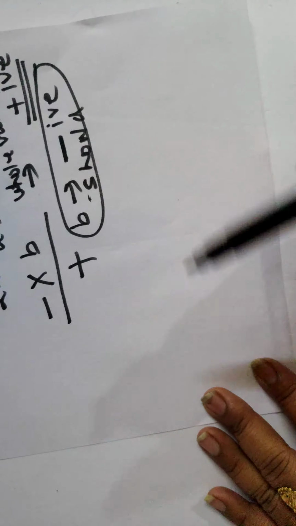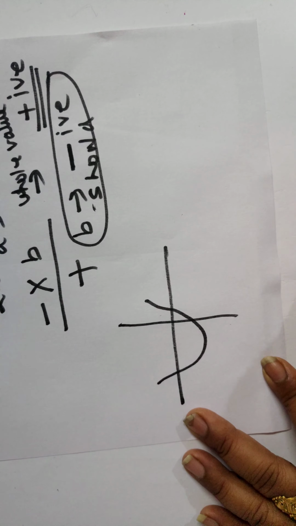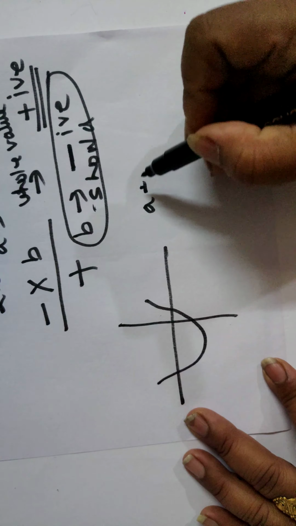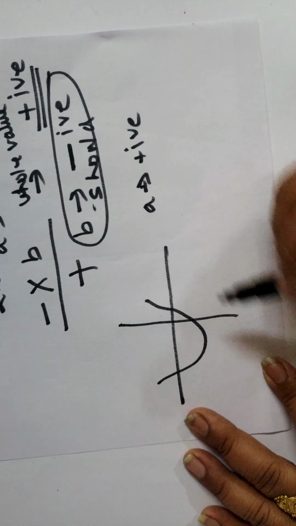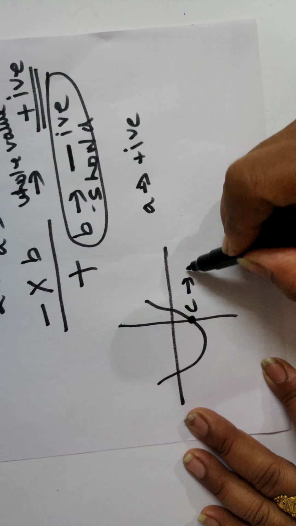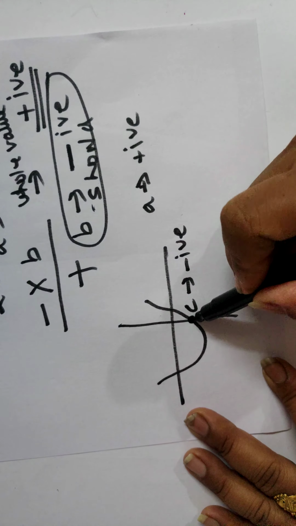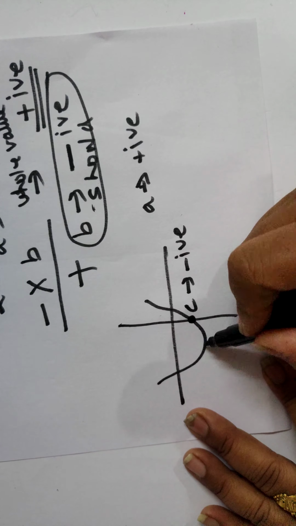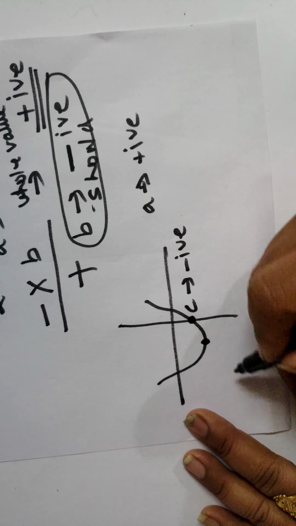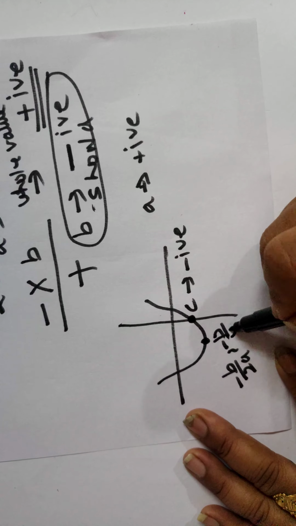Let's take one more graph. See here, suppose this is the graph. Again, A is positive, and since it cuts the y-axis here, C is negative. Since the graph cuts the y-axis in the negative, and this is the vertex point, minus b upon 2a and minus D upon 4a.